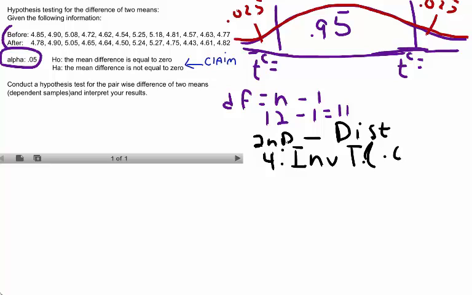Our area will be 0.025 because we'll start by looking for the critical value of t, the left endpoint of our interval, and then we'll put in our degrees of freedom, which is 11. This gives us a critical value in the lower bound of negative 2.20, and our critical value in the upper bound is positive 2.20.